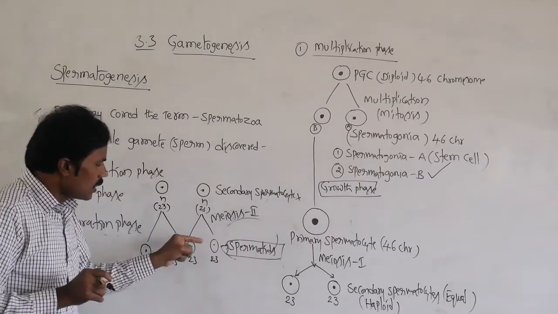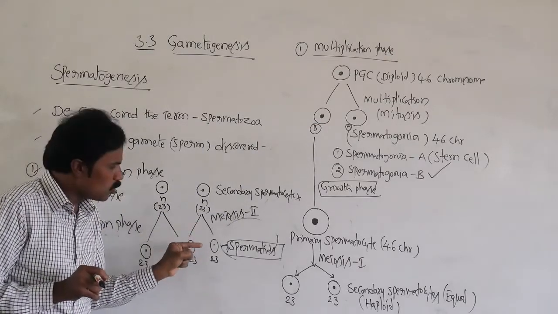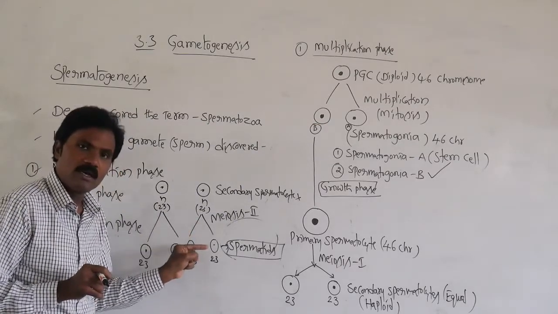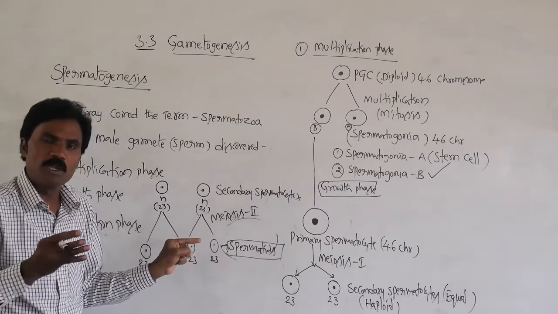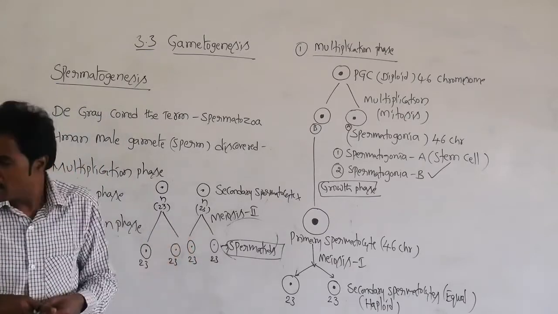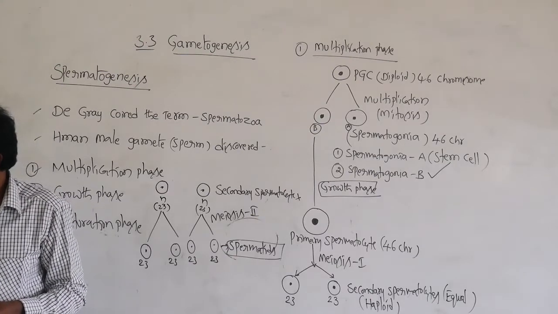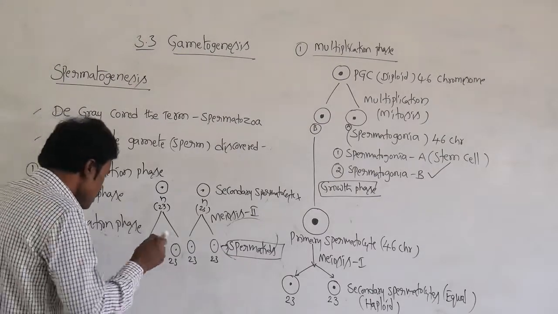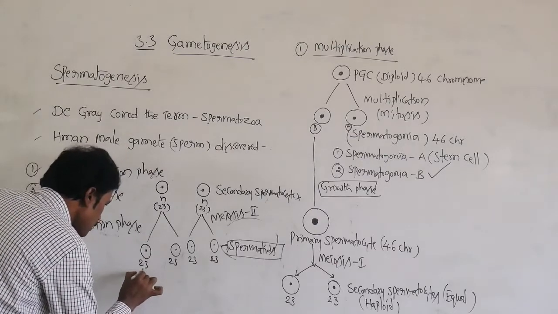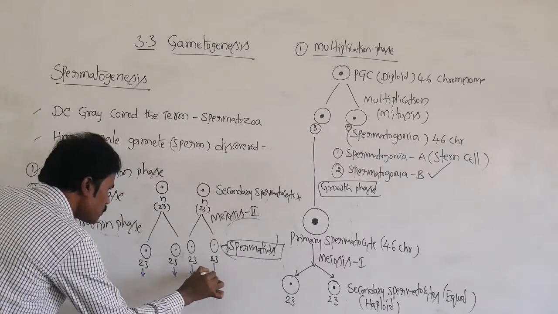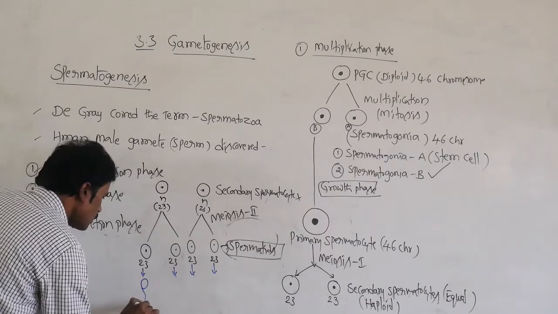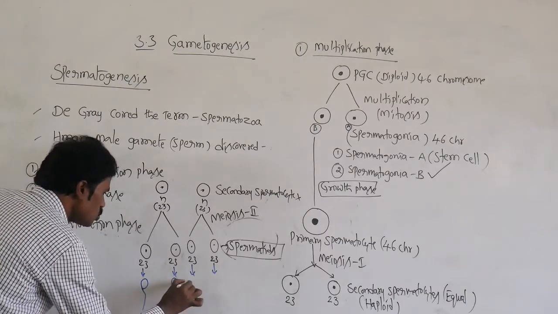Then the immature spermatid is transformed into the mature sperm.